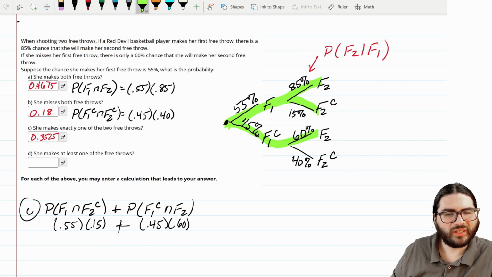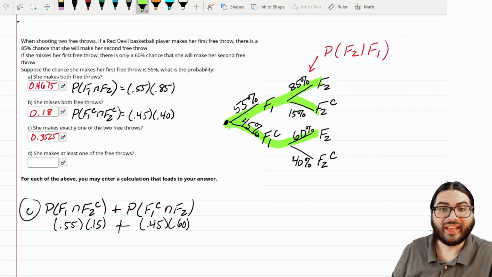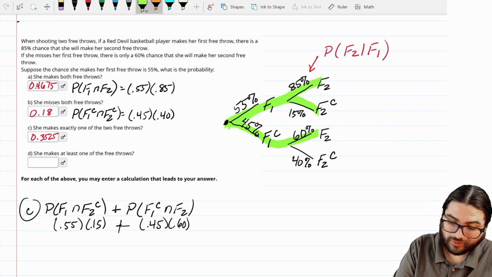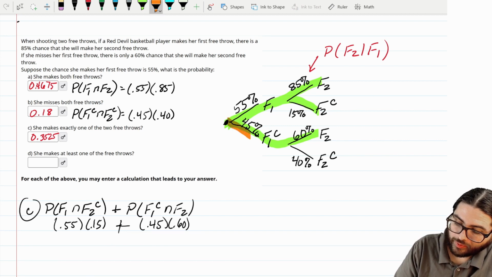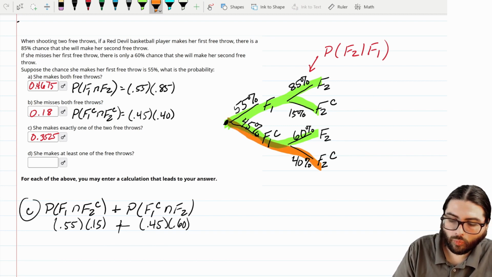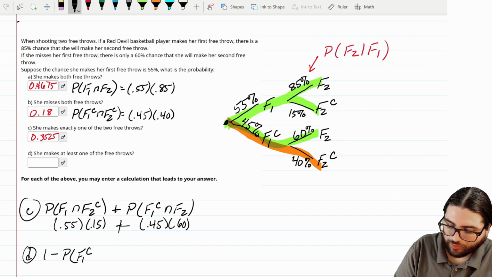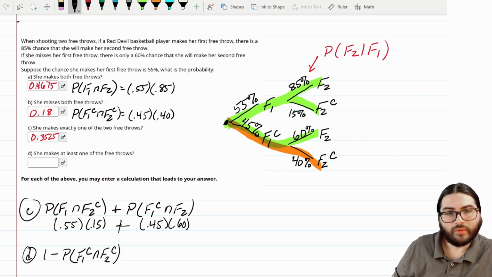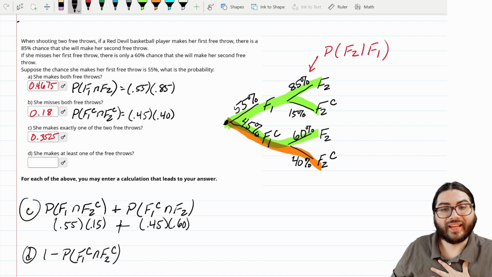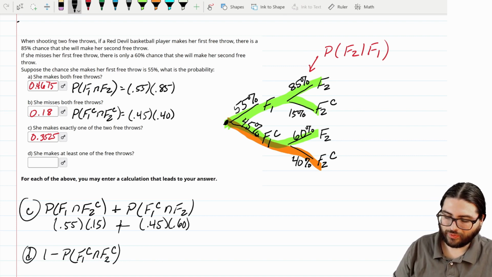If I basically want all the paths except the last one, why don't I set up a 1 minus? Why don't I do 1 minus the probability that she misses both of the free throws? That's my way of saying I want everything except this last one.